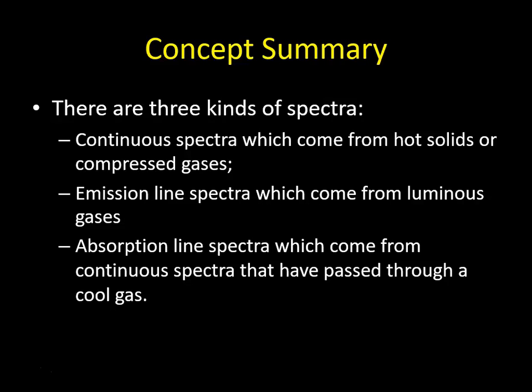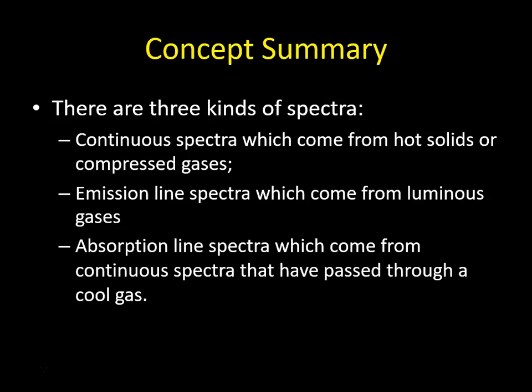And in summary, just summarizing this entire set of these last 5 videos, including this, there are really 3 kinds of spectra, which come from either hot solids, compressed gases, diffuse gases, cold gases, etc. And even plasmas will give you different types of spectra.